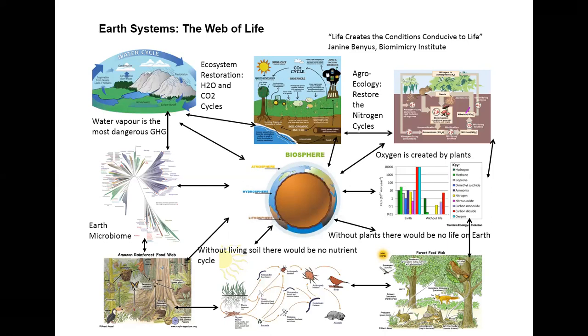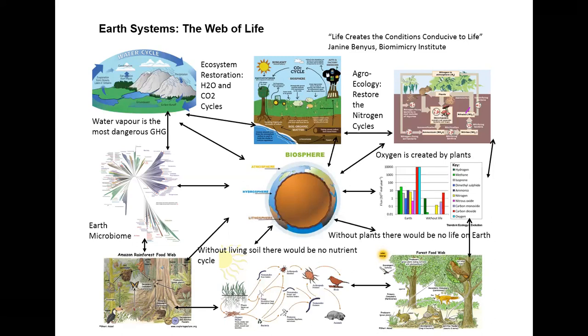We've been looking at how the elements of the biosphere are connected, and we've looked at the hydrological cycle, the carbon cycle, the nitrogen cycle, the nutrient and waste cycle. We've looked at the exchange of gases, which is enabled by life itself.